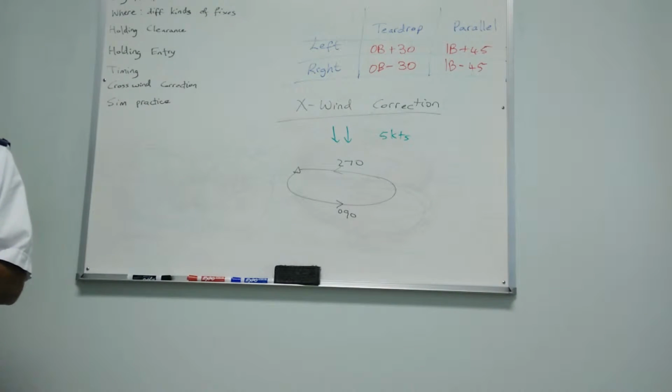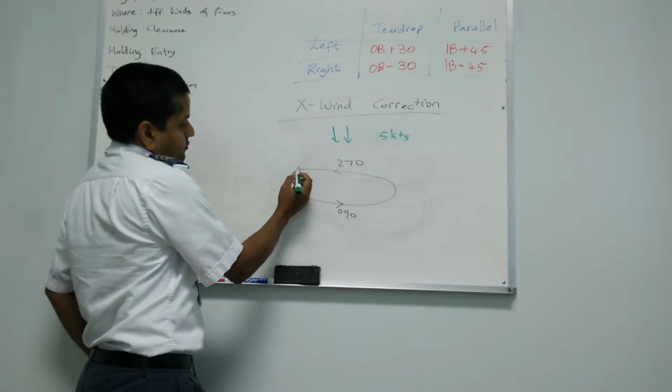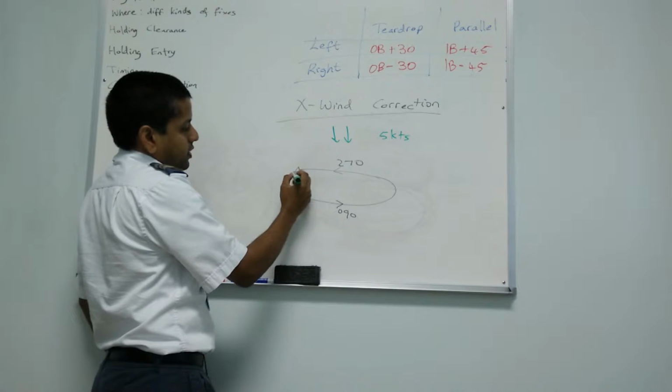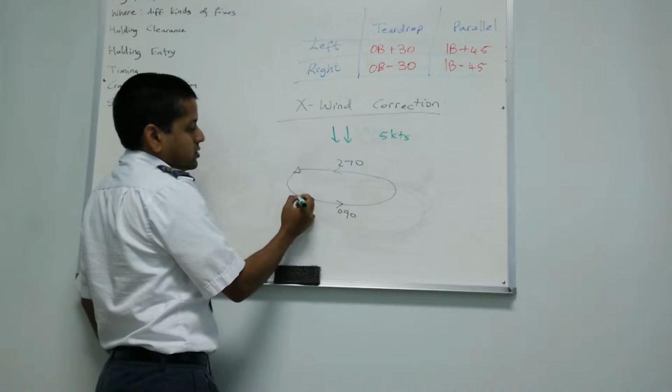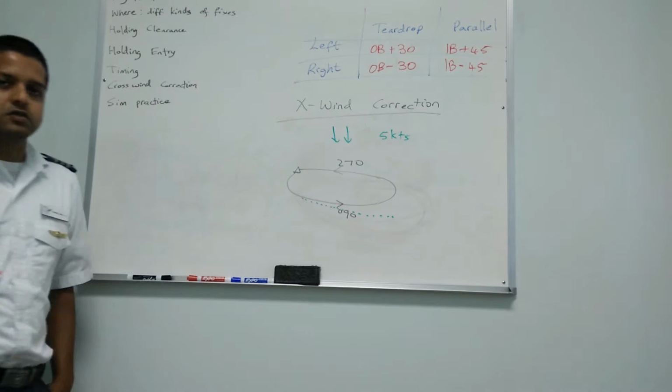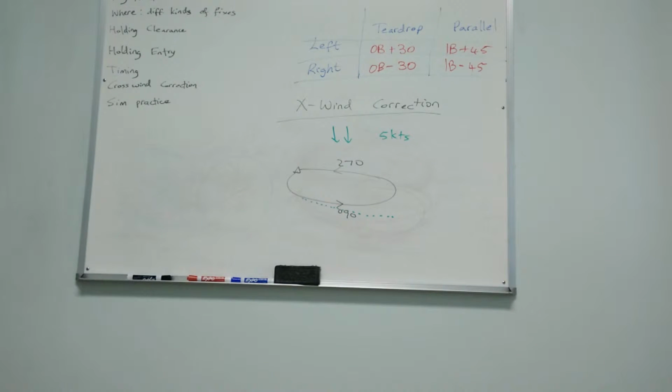Alright? If you were to fly 090 on the outbound, what's going to happen to your aircraft? Your aircraft is not going to be doing 090. Instead, your aircraft is going to be drifting a bit because of the crosswind, right?